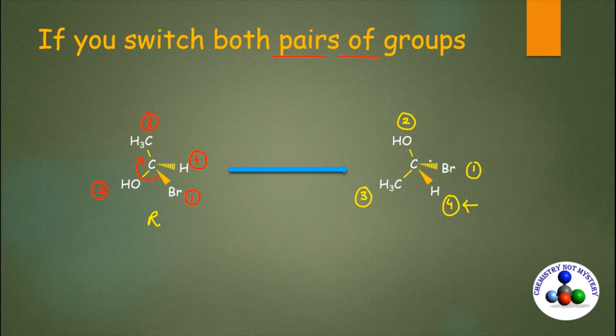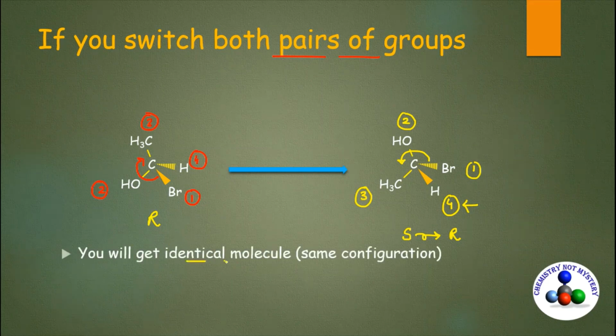So in this molecule, when you draw an arrow from first to second priority, you will get arrow in the left direction. That means the configuration of this molecule comes out to be S, but after changing the configuration, we will get the same R configuration as the previous one. That means when you switch both the pair of groups, you will get identical molecule that has same configuration.